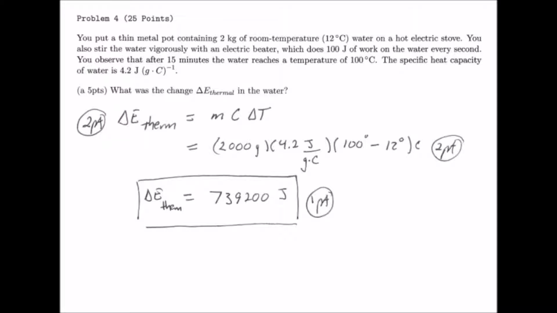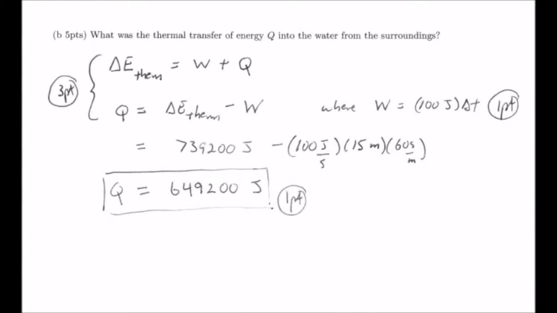Doing so gets us delta E thermal equaling 739,200 joules. The next part deals with the thermal transfer of energy Q into the water from the surroundings.